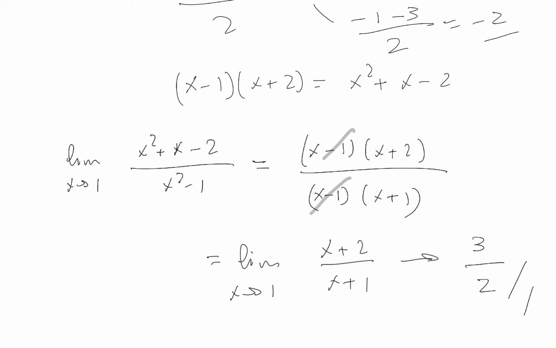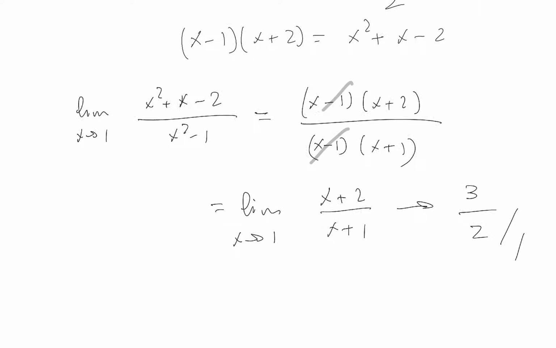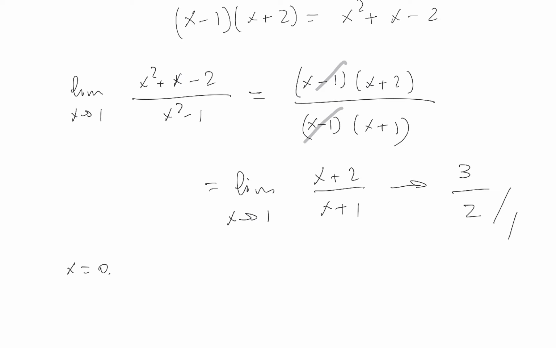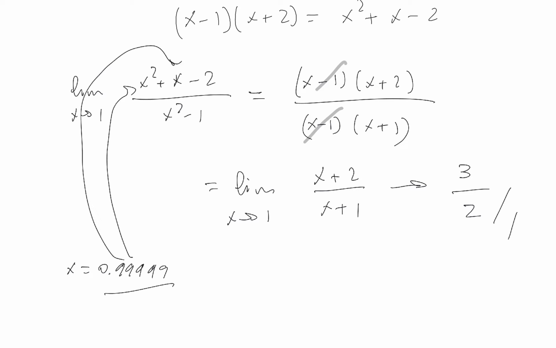You can check with data, which means you put a number x equal to 0.999999, make the calculation, and see if it's 3/2. If not, I'm wrong. Or put a number equal to 1.000001, a point very next to 1.